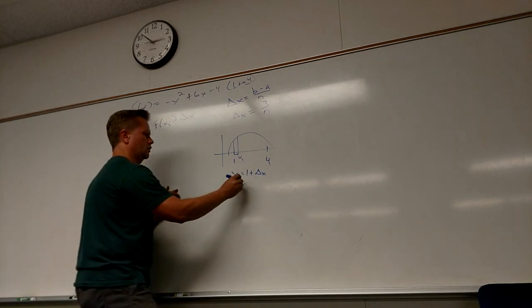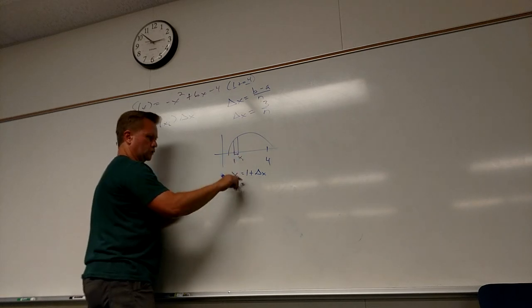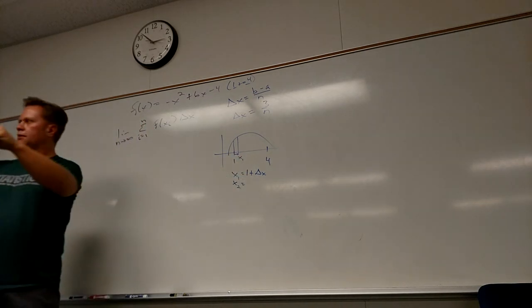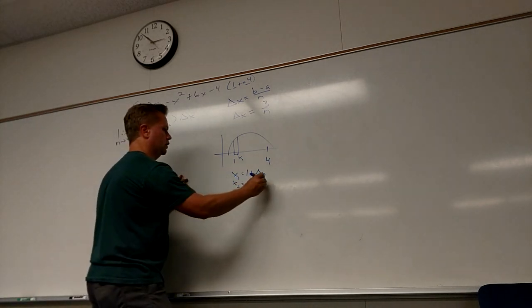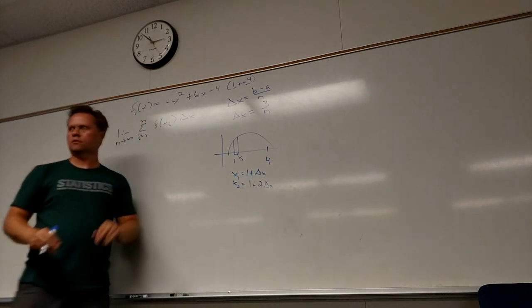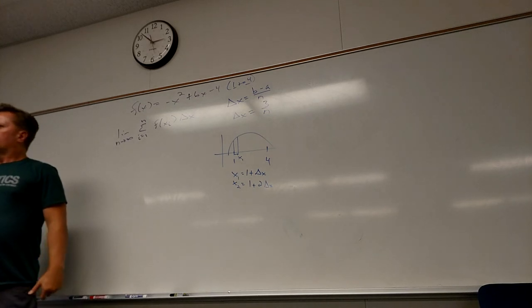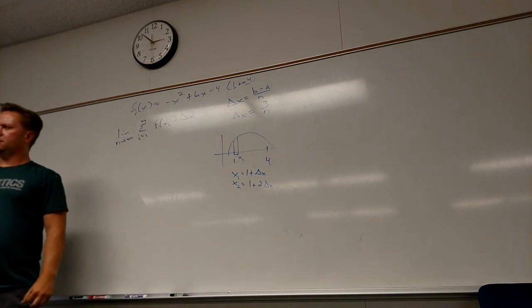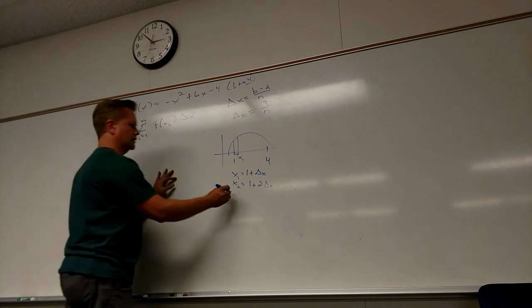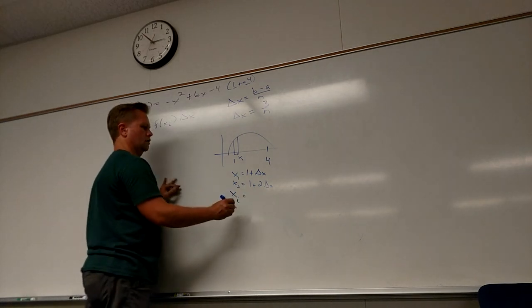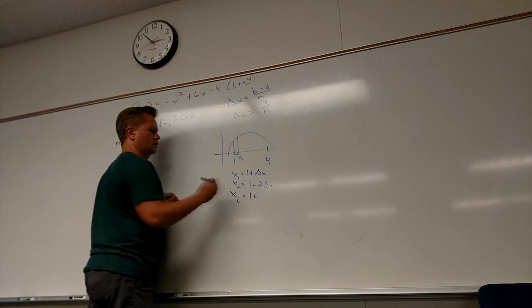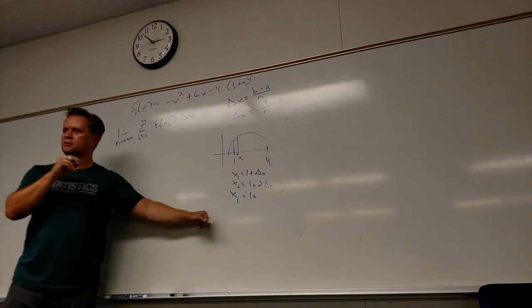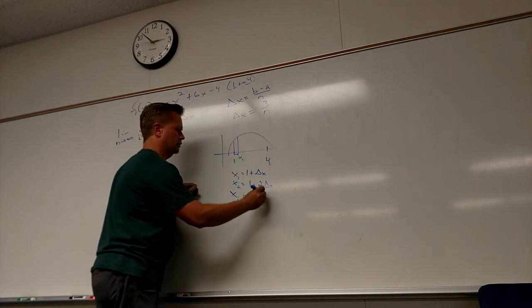x2 is going to be x1 plus delta x again. But x1 is 1 plus delta x, so x2 is going to be 1 plus 2 delta x. I think you see where I'm going with this. So what's xi going to be? 1 plus i delta x.